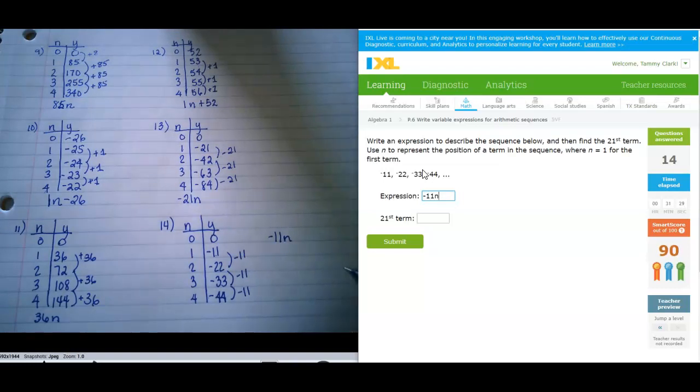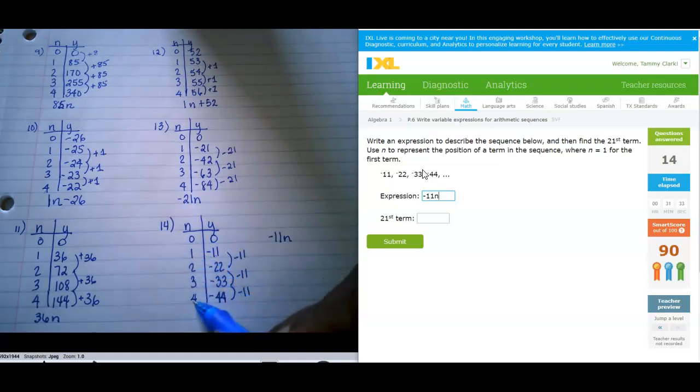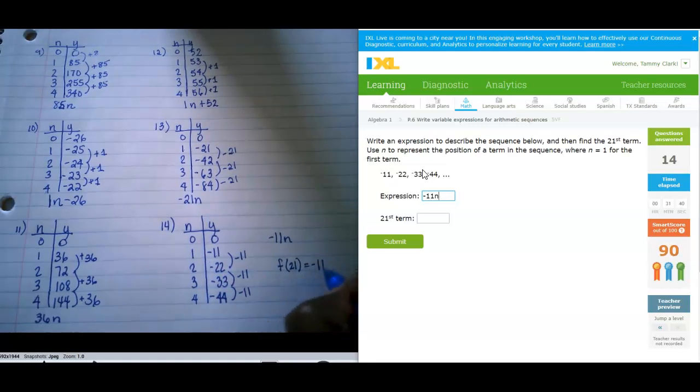But then it asked me for the 21st term. Remember, the term is your input. So I might as well say f of 21 is equal to negative 11 times 21. That's what we're doing.